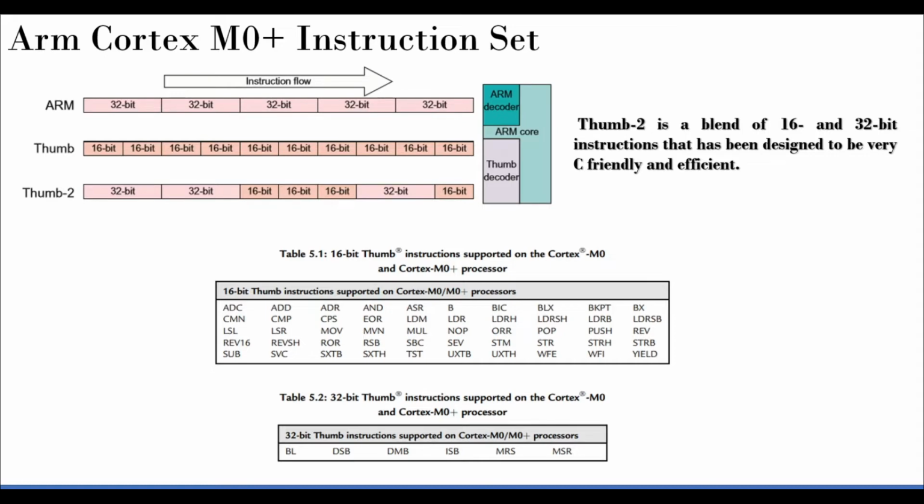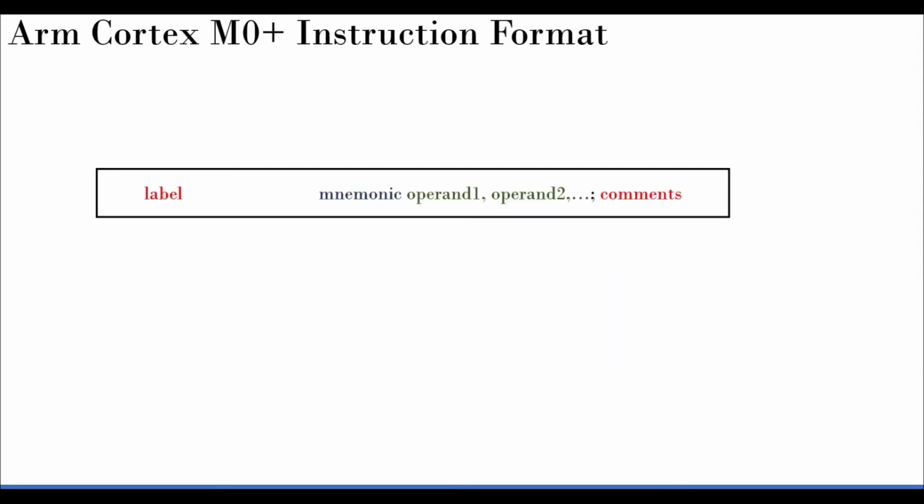There's a certain way which is followed in ARM, and in fact in most modern day processors as well. This is the typical format. On the extreme left hand side you will have the label. The label literally means, from the microprocessor or microcontroller perspective, an address: the address of this particular instruction.